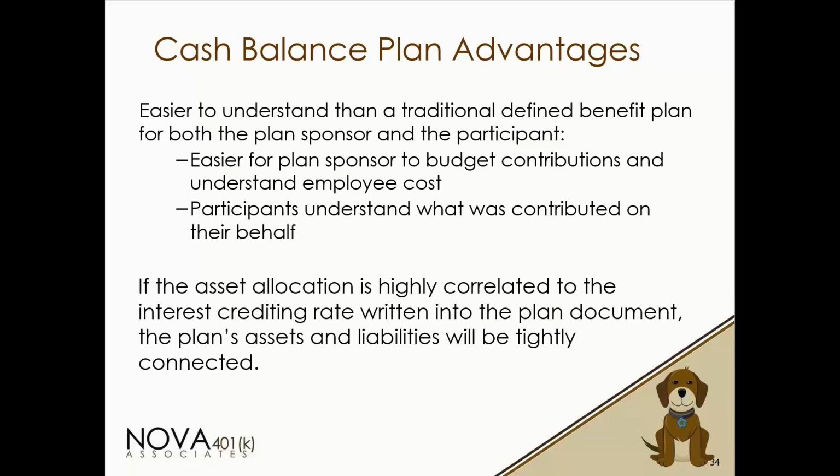I'm going to kind of speed through because I know we're getting a little tight on time here. But I think I've mentioned most of these advantages. These plans are easier to understand. The asset allocation is typically pretty correlated to the interest crediting rate, or if it is, I should say, then the assets and the liability in the plan will be pretty well connected.